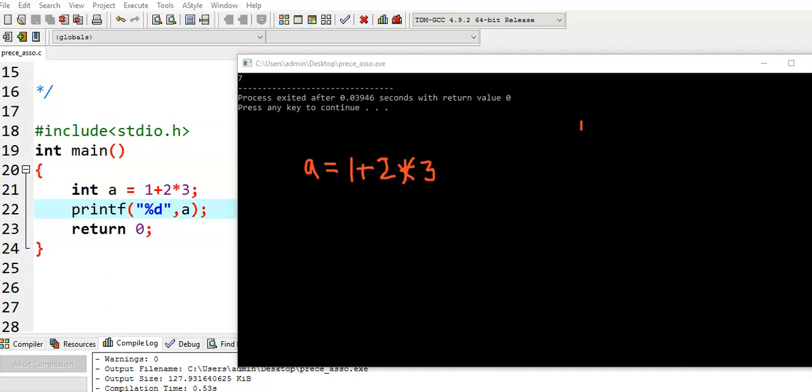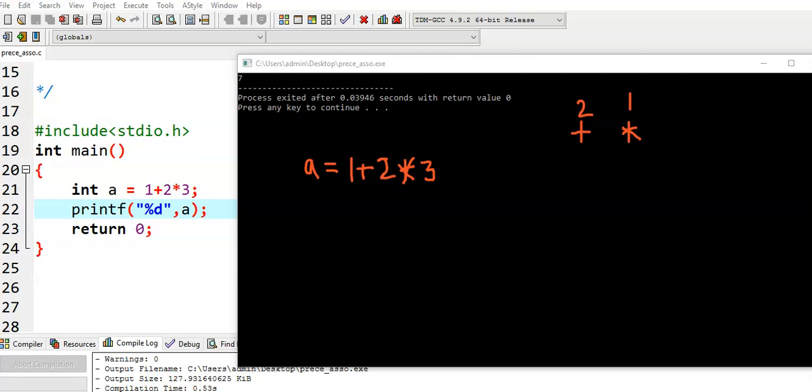Now in this example, there are two operators, plus and star. Plus is meant for addition and star is meant for multiplication. Out of these two operators, star is given first priority and plus is given second priority. So this is the hierarchy of operators. This is called precedence. So precedence tells in an expression, if different operators are encountered, which is given first priority.